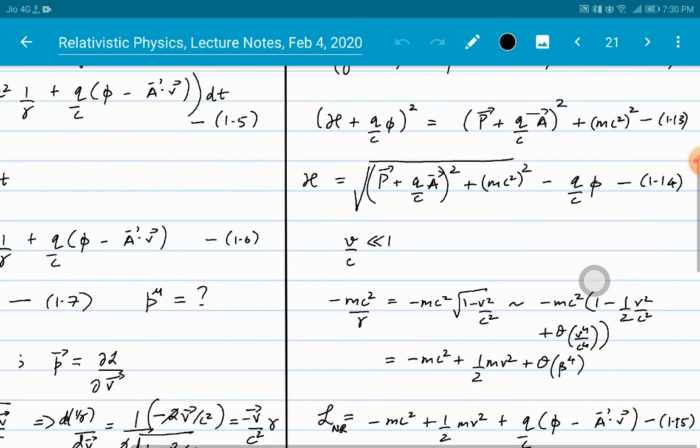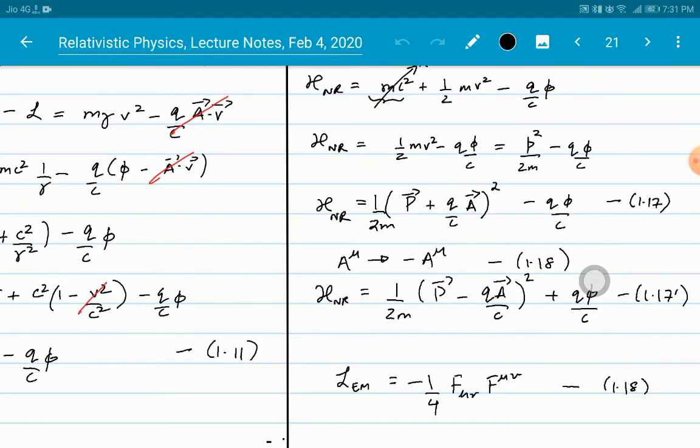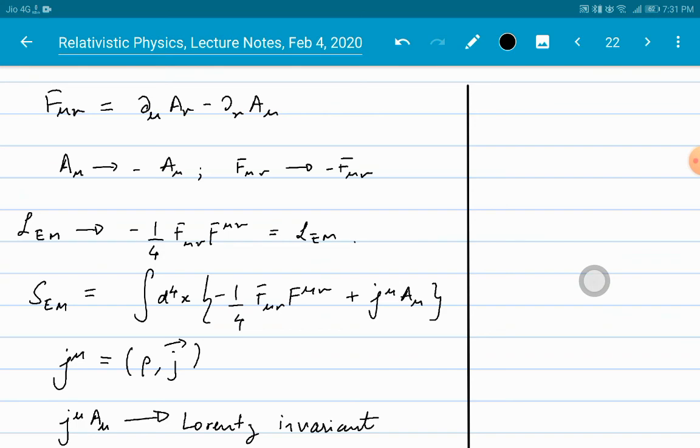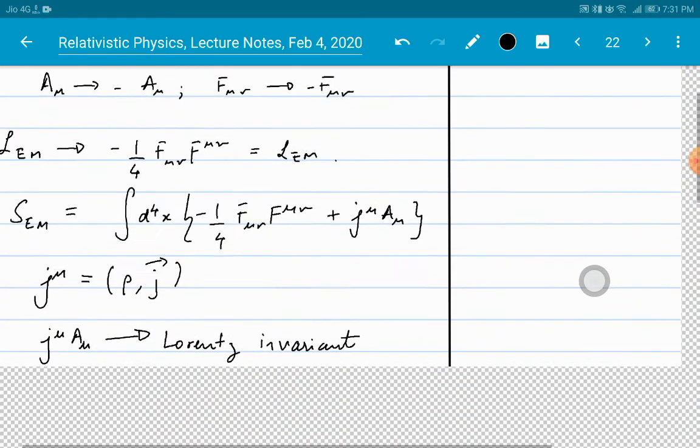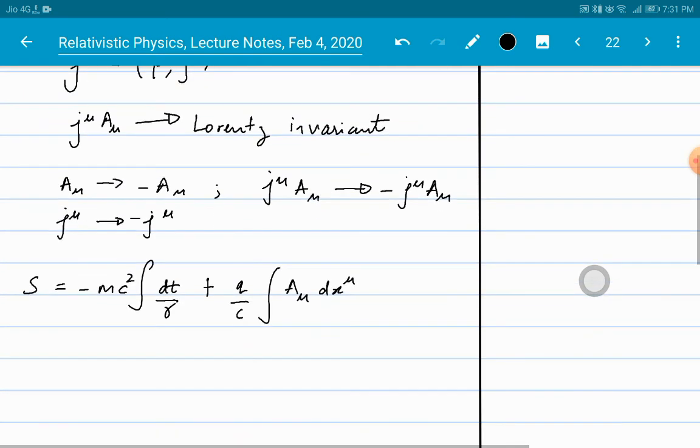And let us update our equation numbers once. So this is 1.18, and let's call this 1.19, and then this, let's give it another label as 1.20.